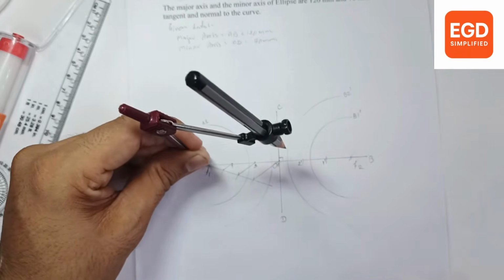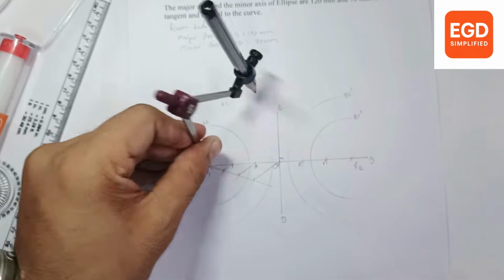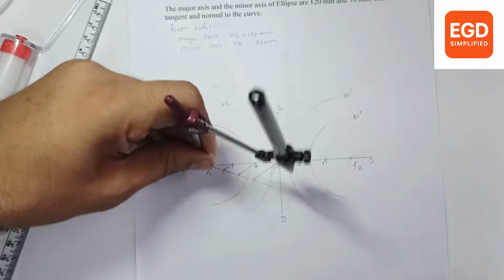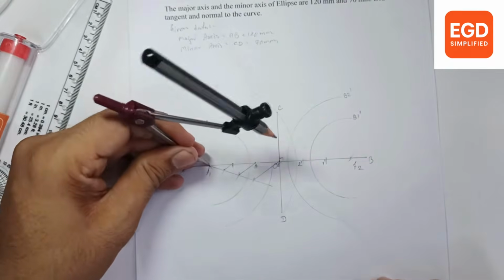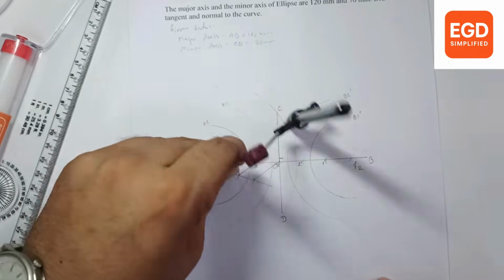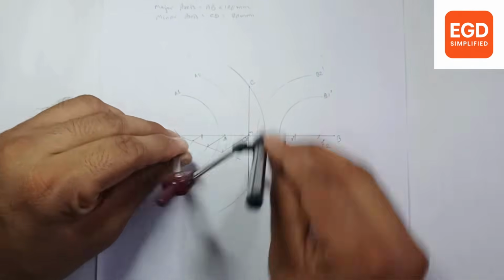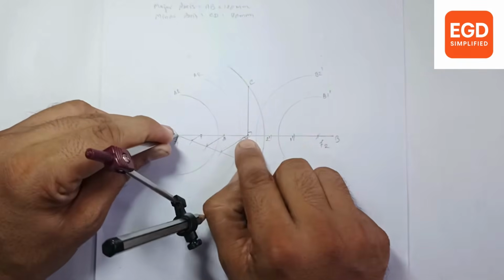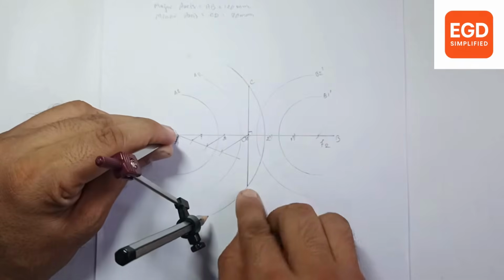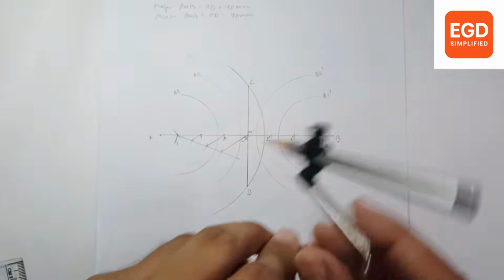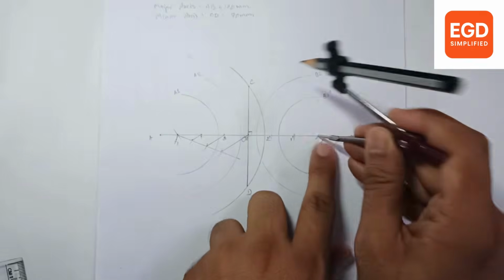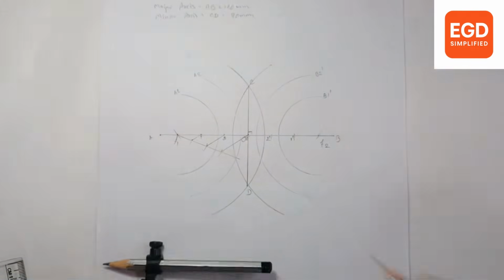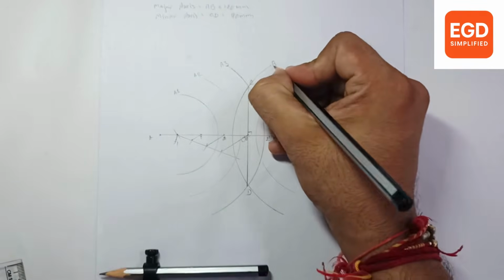Put your rounder on focus F1 and draw an arc. Put your rounder on F2 and draw an arc. Here you have to note that from the 3 point, your arc should pass through C and D. Similarly from the F2 point. Give the numbering A3, B3.